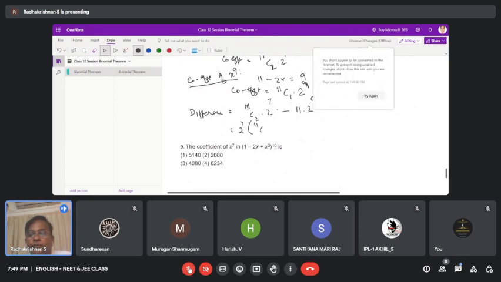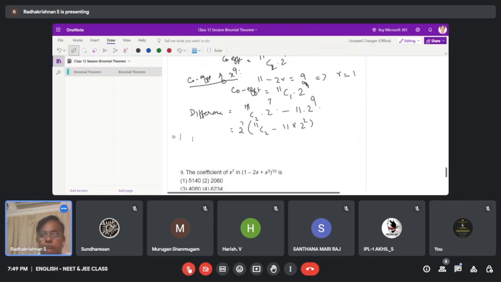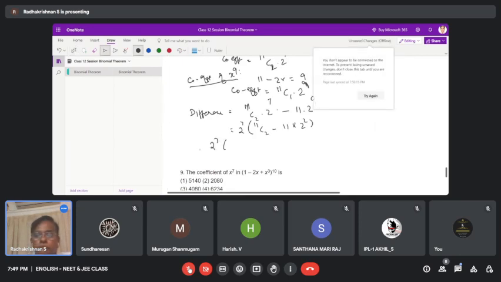This will come as 11C2 minus 11 into 2 square. 11C2 is 11 into 10 by 2, which is 55, sir. 11 into 4 is 44.